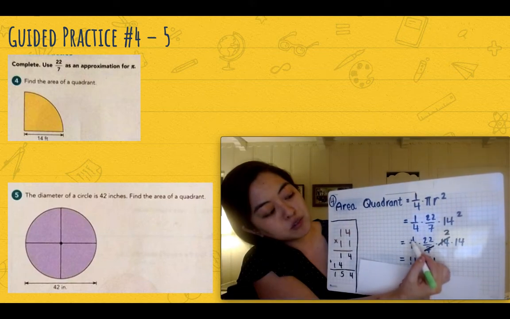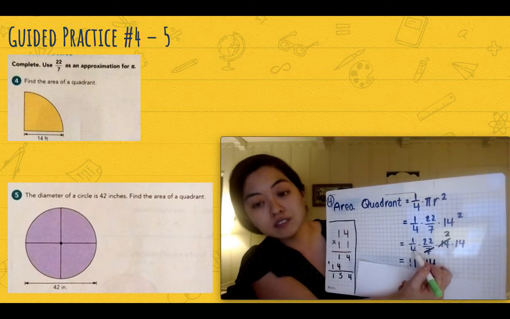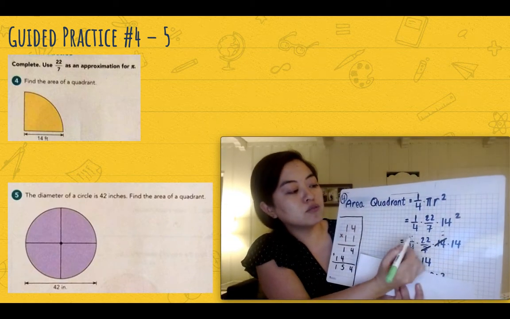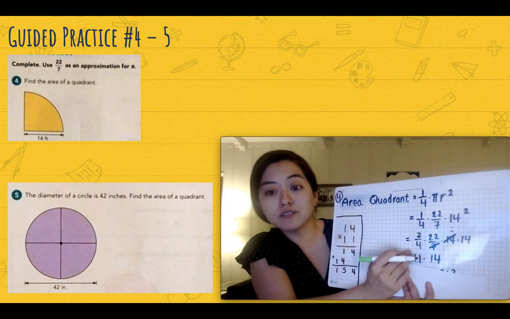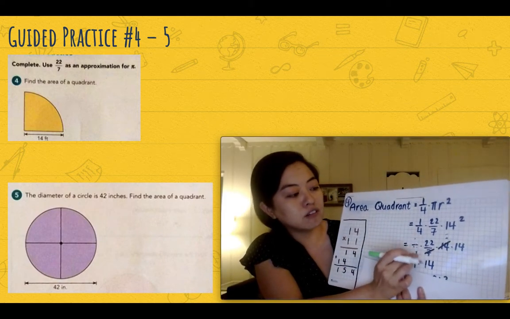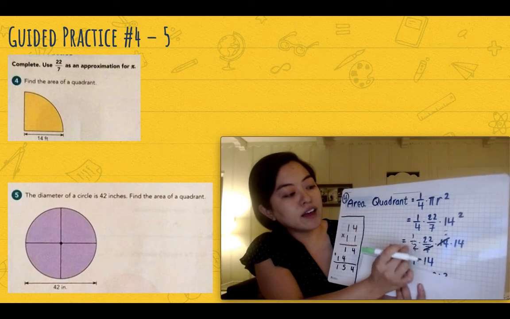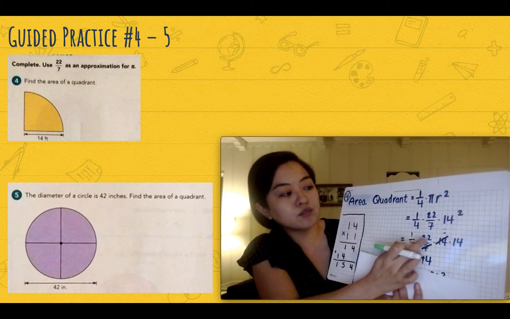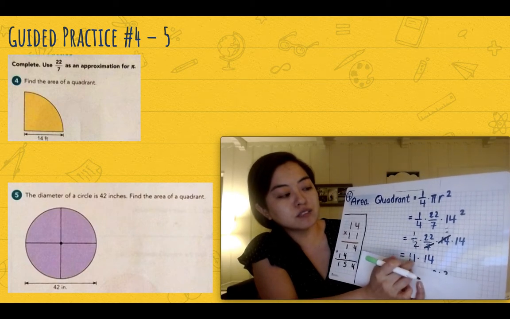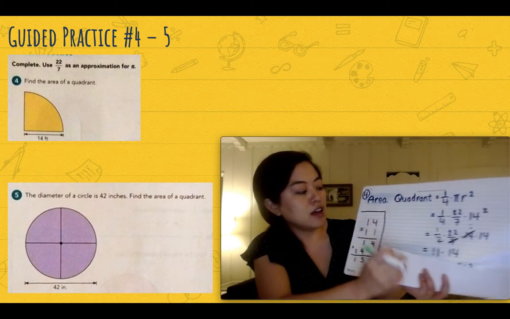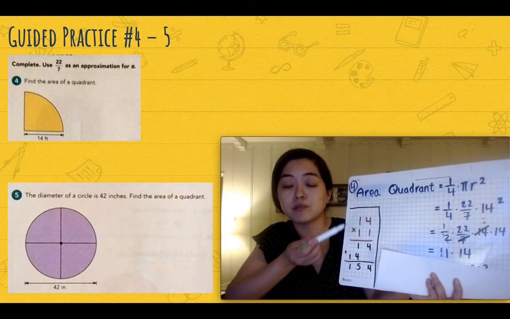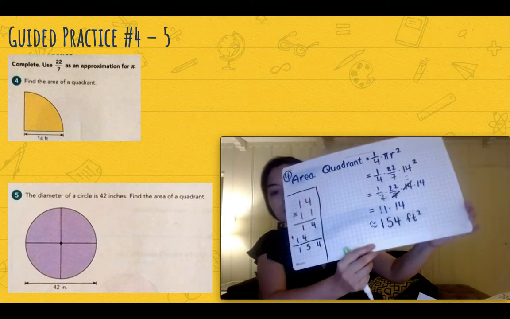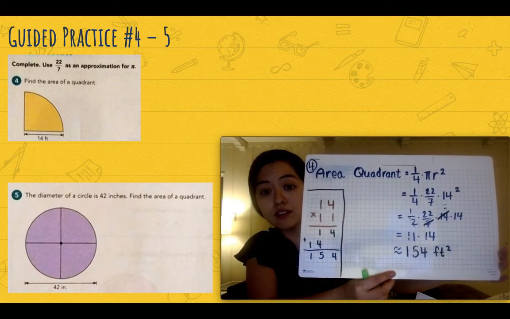So now I'm doing 2 times 1/4, which is 2/4. And 2/4 simplifies to 1/2. And half of 22 is just 11. So this becomes 11 times 14. And I did it on the side over here in brown, and that's 154. And so my answer is 154 square feet.